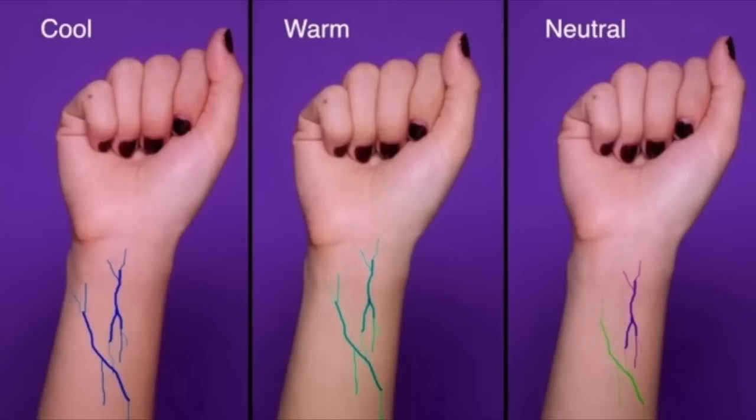So looking at this photo here, you see that there is a selection for cool, warm, and neutral. Now, I don't want you to be thrown off by the arm of the lady being very fair skinned, because like I said in the beginning of the video, the shade of your skin has nothing to do with it. It's more the undertone. So what I want you to do is hold your wrist up in front of you. Look at your wrist and look at the veins on your wrist.